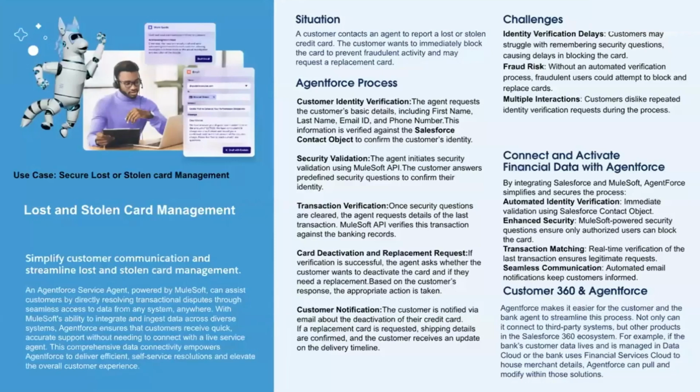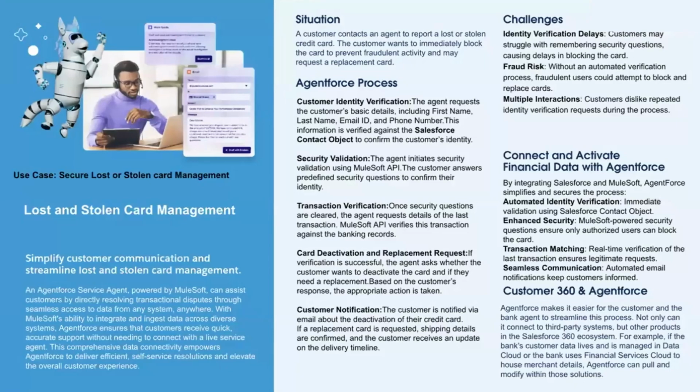Once this is validated, we go for a security validation to check whether the customer is a valid customer, by checking a few security questions, which will invoke a MuleSoft API to check whether the security questions match the customer's input.